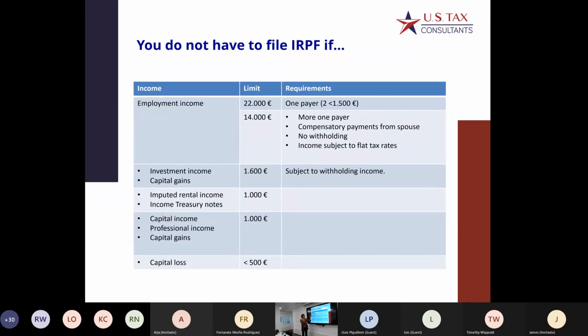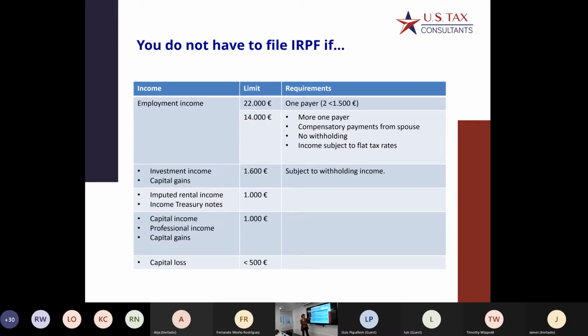if you earn more than 22,000 euros from one payer, or two payers if the second one is at least 1,500, you are obliged to declare, if the 22,000 euros is subject to withholding tax, okay?